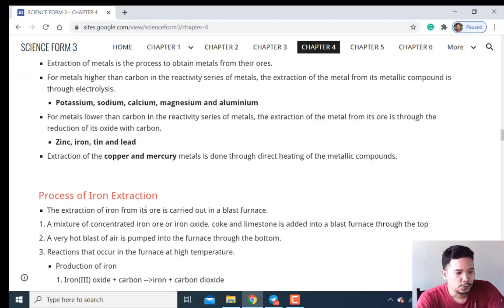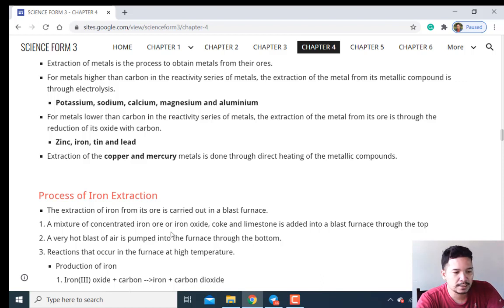Okay, so the process of iron extraction is carried out by a blast furnace. Iron ores or iron oxide, coke and limestone are added into a blast furnace through the top.